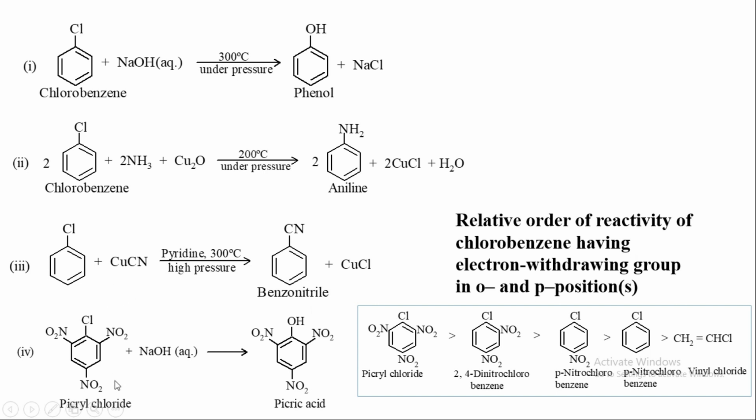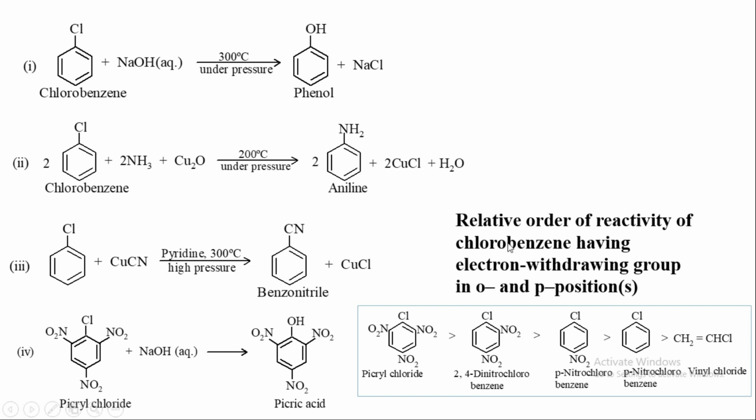Suppose we have 2,4,6-trinitrochlorobenzene, known as picryl chloride, then the reaction is easy. We can understand that the NO2 group enhances the substitution reaction capacity of aryl halides. With 3 nitro groups, you can see there are no conditions here, so we directly get picric acid.